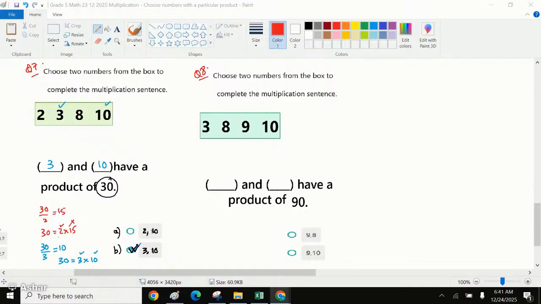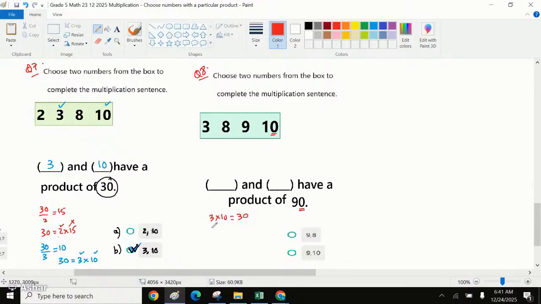The options are 3, 8, 9, and 10. So which two numbers when multiplied together will give an answer of 90? Since 90 ends with a 0, there must be one number that ends with a 0. So 3 multiplied by 10 is 30, right?